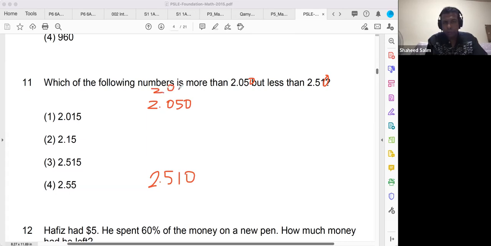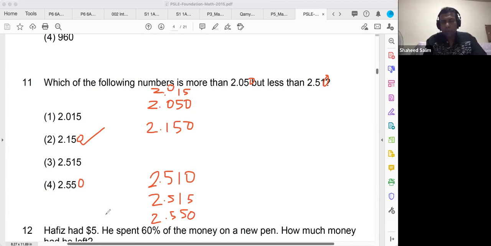You can imagine it without a dot. 2,150, something like that. So it's 2,515 outside. So 2,550. So when you add the zeros, you can see clearly. Well done, well done.